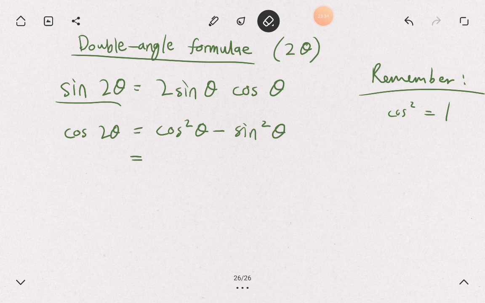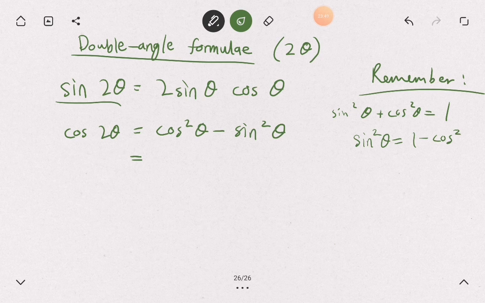For any angle, sine squared theta plus cos squared theta is equal to 1. So now notice that sine squared is 1 minus cos squared theta, and cos squared theta equals 1 minus sine squared theta.